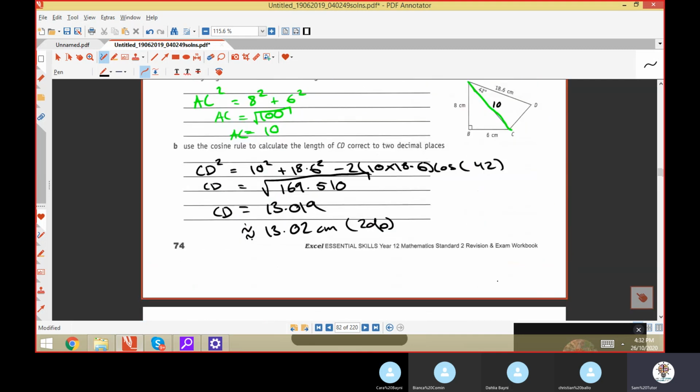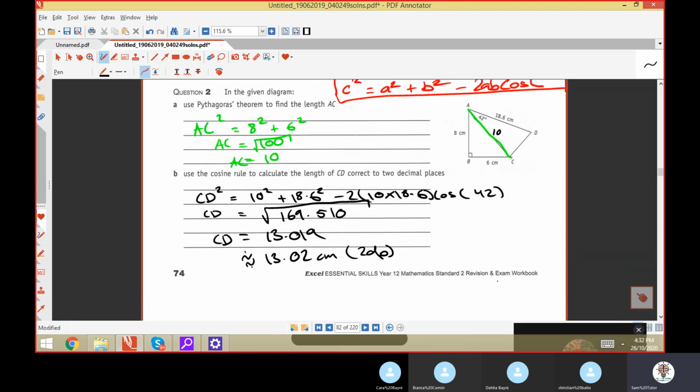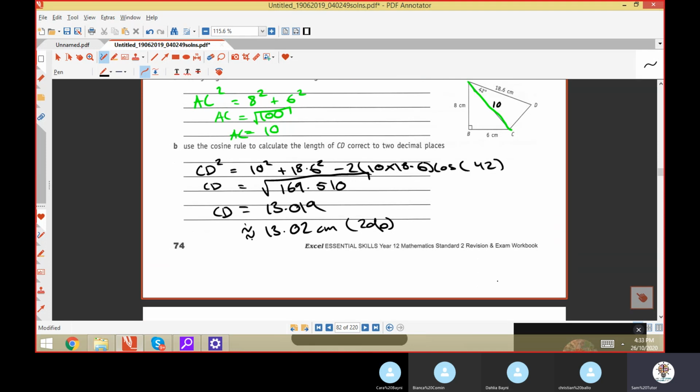13.02. Did you get that? Did you get 10 on the first answer? Yeah, Pythagoras' theorem. And then you just plug it in carefully. That's it.